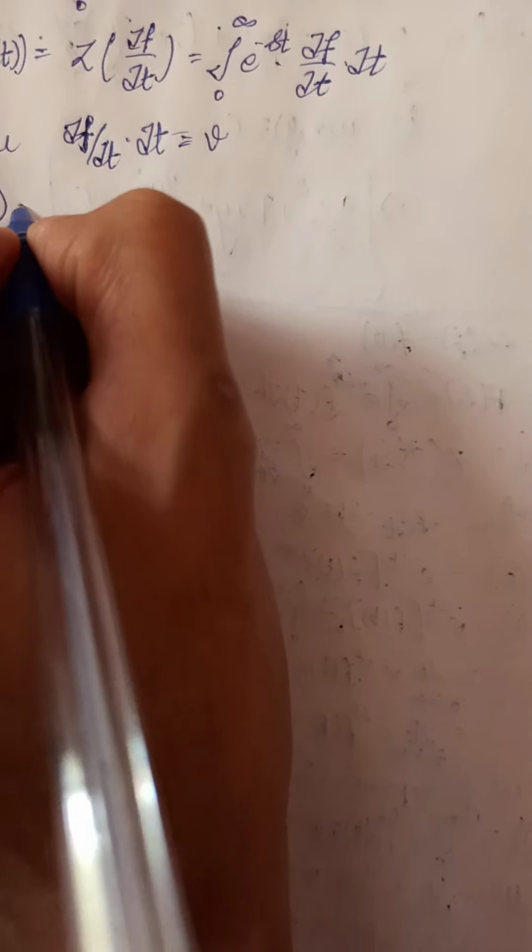Applying the integration by parts formula, we get Laplace of f dash of t equal to e power minus st times integral 0 to infinity df by dt into dt, minus integral 0 to infinity minus s e power minus st into integral df by dt into dt.